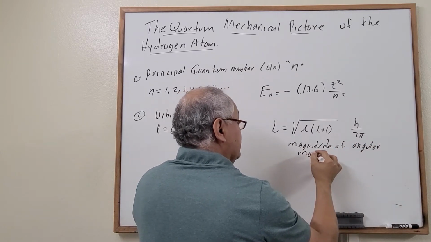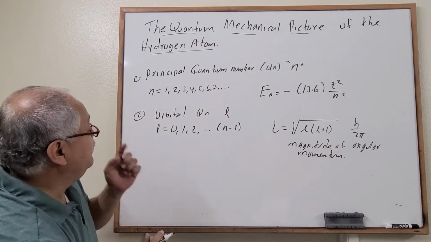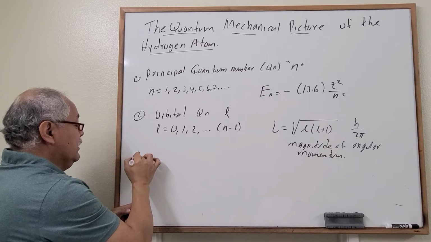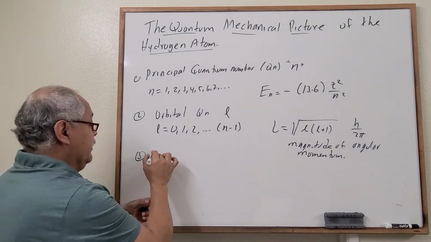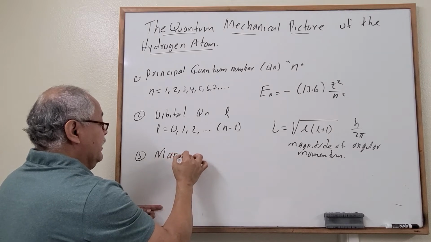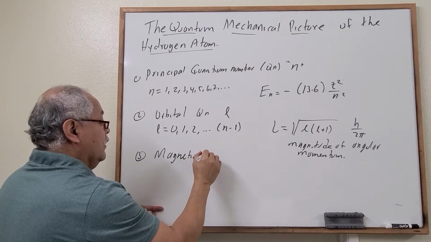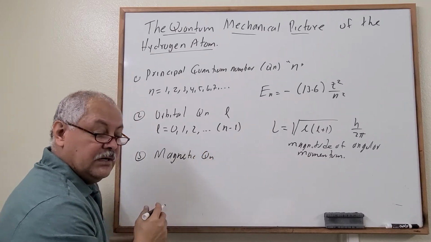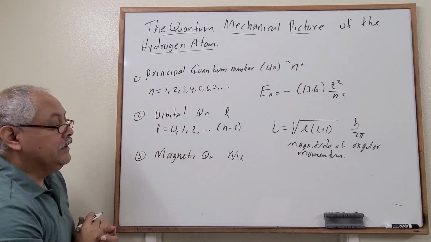Angular momentum of hydrogen. Okay, perfect. Let's go to the third quantum number, which is the magnetic quantum number. The symbol is going to be ml, correct?